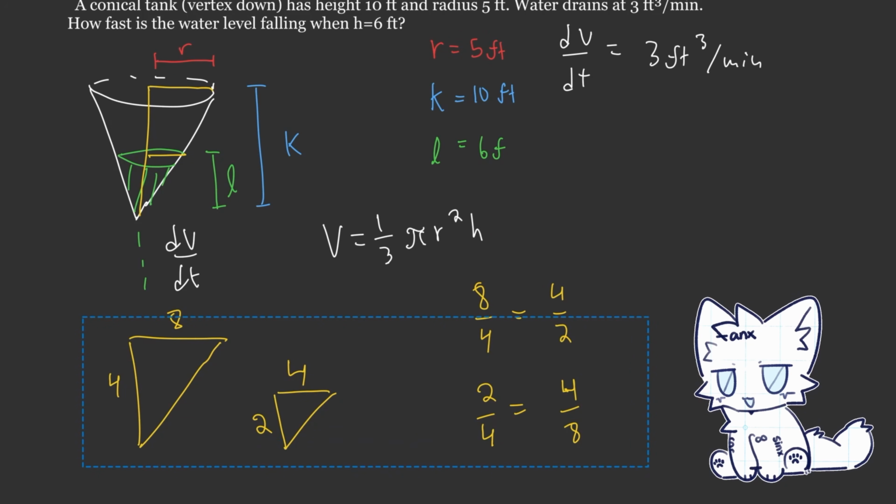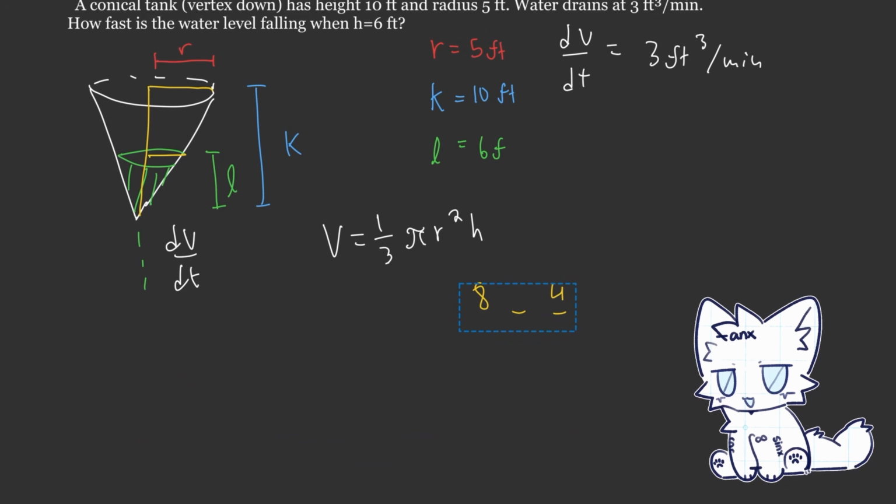So that's just a recap of similar triangles, and we need to use it to solve for the radius at this specific height. We know that the ratio of, let's just do radius to height, is equal to 5 over 10.